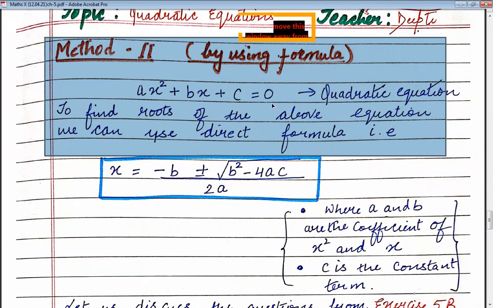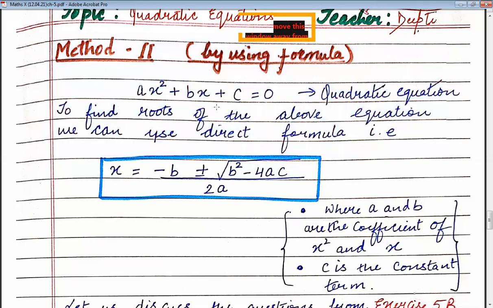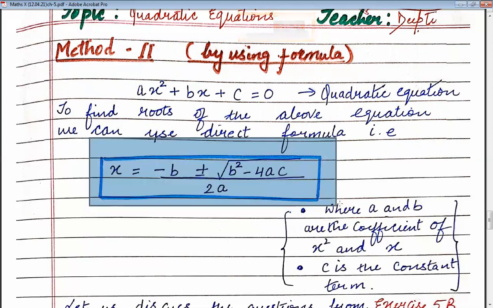Here a and b are the coefficients of x square and x, and c is your constant term. Now children, to find the roots or solution of the quadratic equation, you can use this formula directly and you will get your solution.